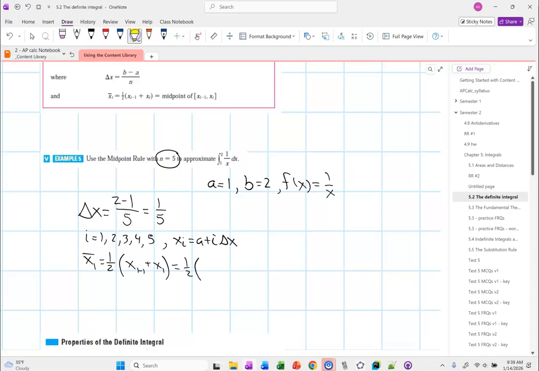To calculate x_0, I'm using this formula.